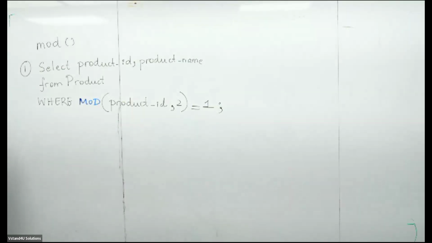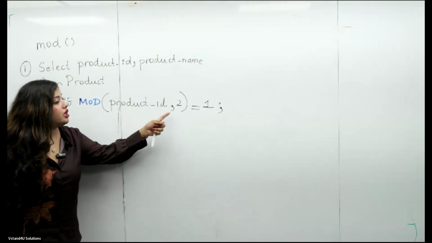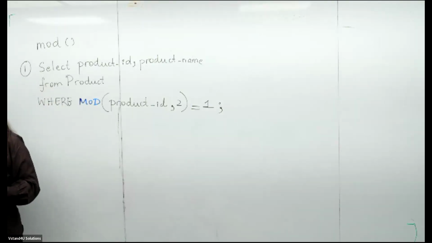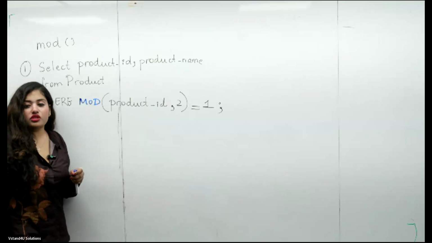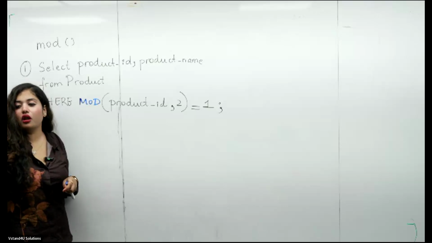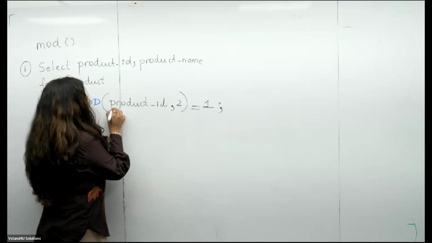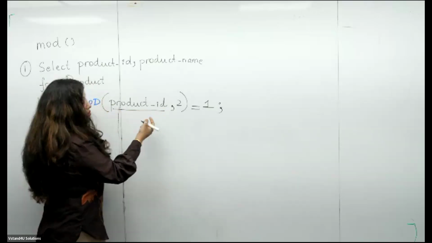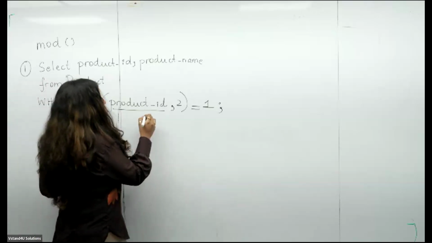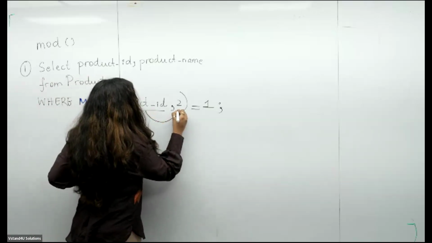See, now why have I written product ID comma 2? Because according to the query which they have given, they are telling you to get the product ID for odd values. So I am taking the product ID column, and I am dividing it with 2.